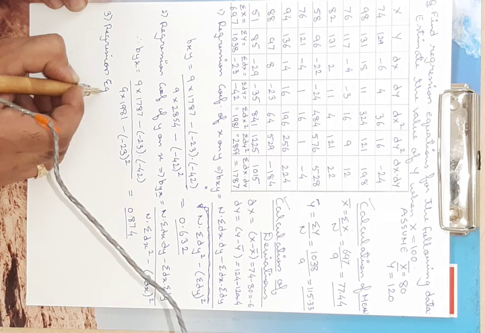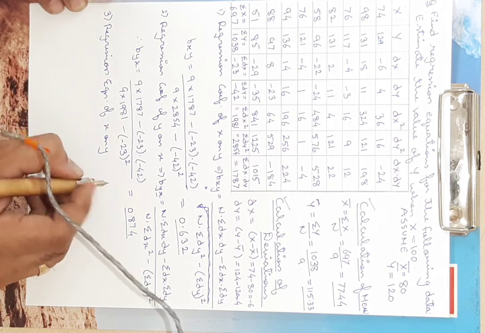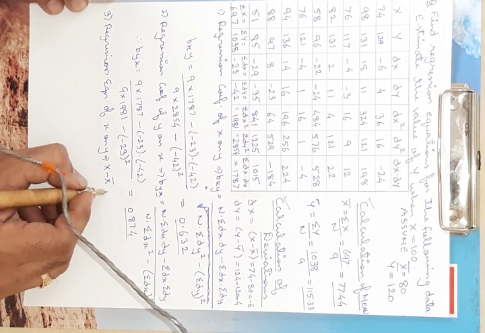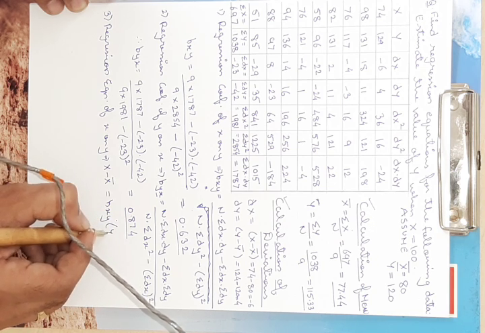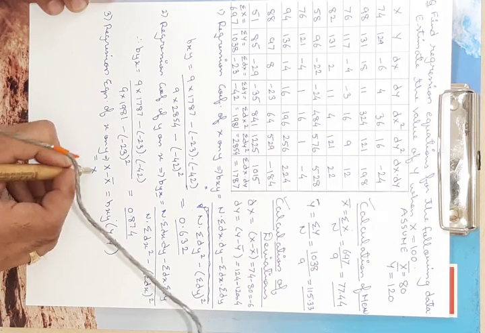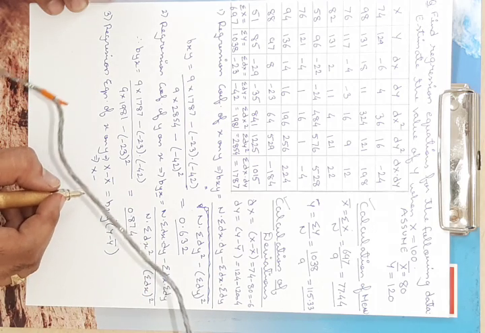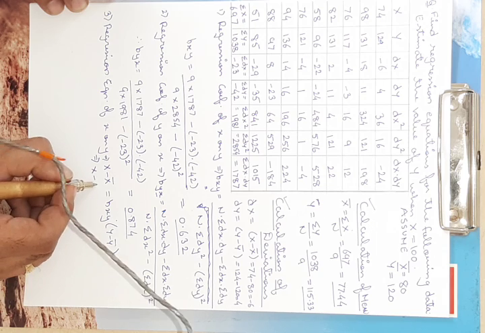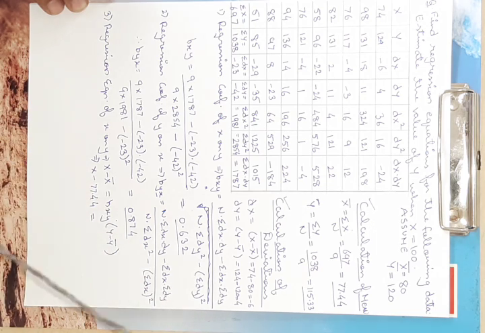the regression equation of x on y, which is given by x minus x bar is equal to bxy into bracket y minus y bar. So therefore this is x, what is, we don't know the value of x minus x bar. So what is x bar? We have assumed here... the actual value. We need to take the actual value, not the assumed value, that is 77.44 is equal to bxy.